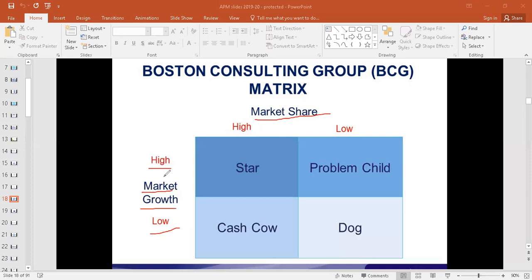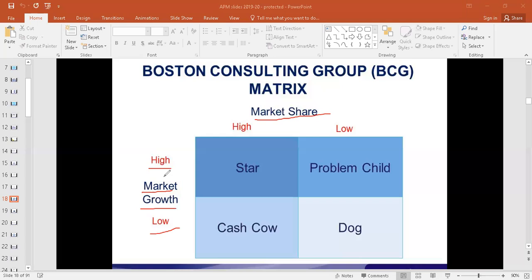If that growth has to be achieved by an individual firm, something is required from the firm. To grow along with the growth of the market, it has to invest additional funds in the business. The growth just does not happen automatically.